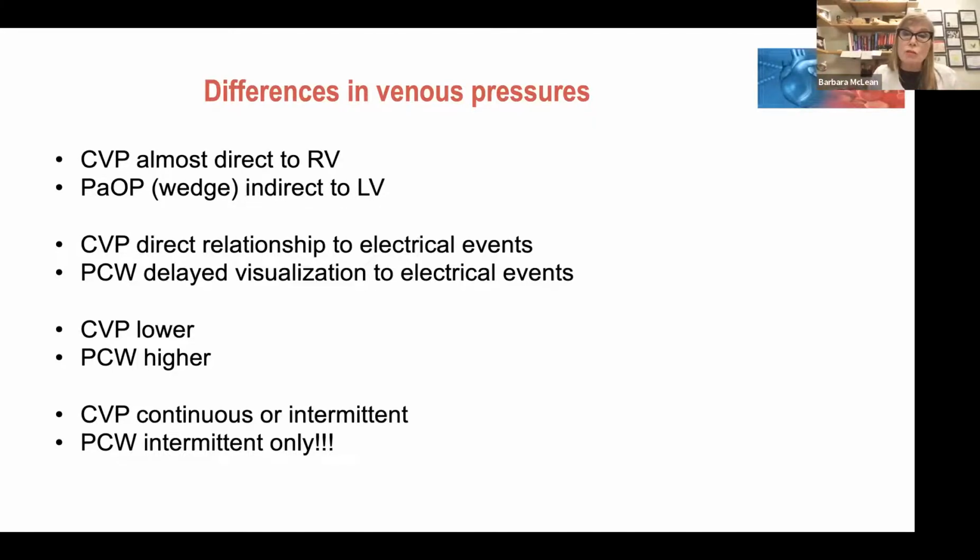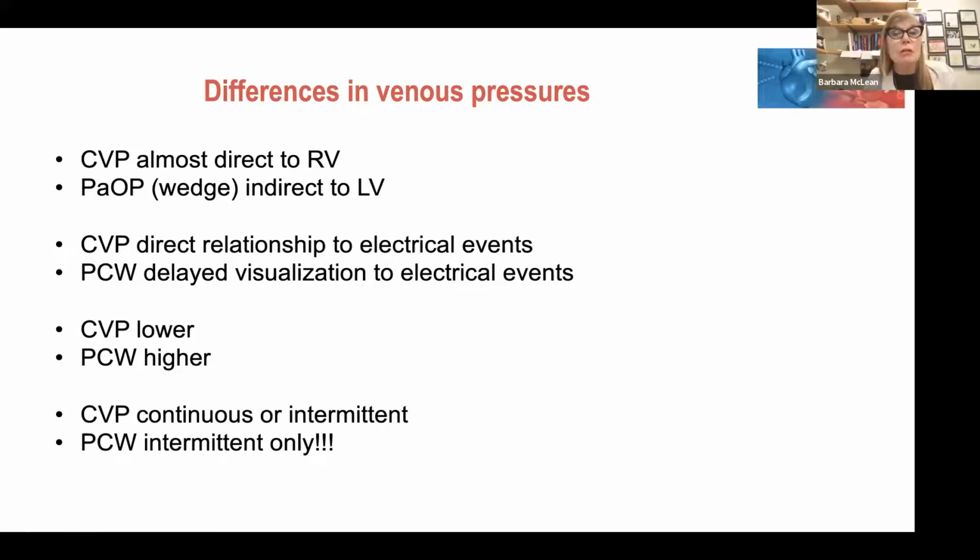So wedge pressure is higher than CVP, and that's because I'm monitoring at the capillaries. I've got a long distance, plus the left atrium has to generate a little more pressure on contraction to fill the LV, because the LV is a bigger muscle and less compliant. I can monitor CVP continuously or intermittently.